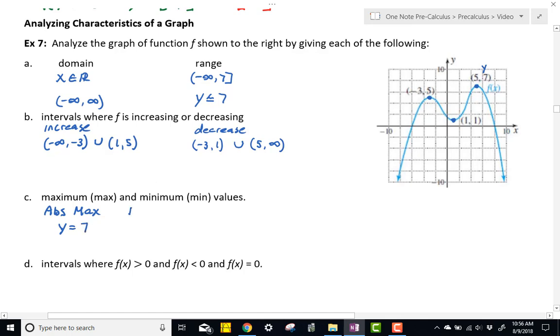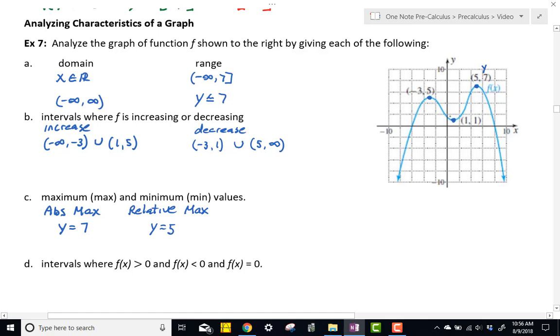But we also have what's called a relative max. A relative max is a maximum, but it's not the absolute maximum. So at (-3, 5), I have a relative max, so I would say y equals 5.